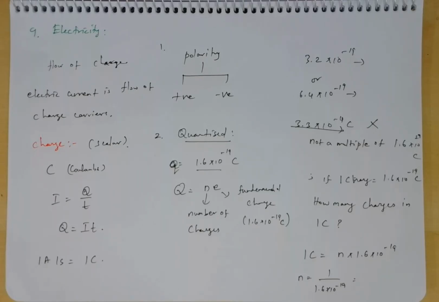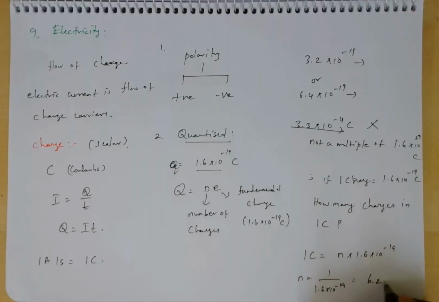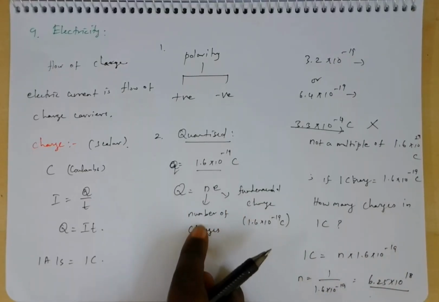What we get here is 6.25 into 10 power 18. This is a pure number; this n does not have units, because it's a number.